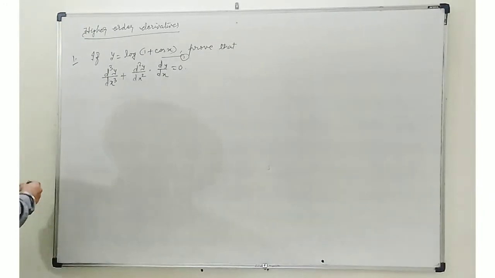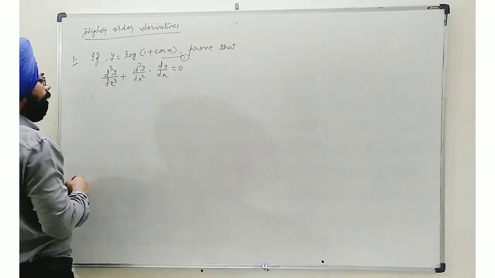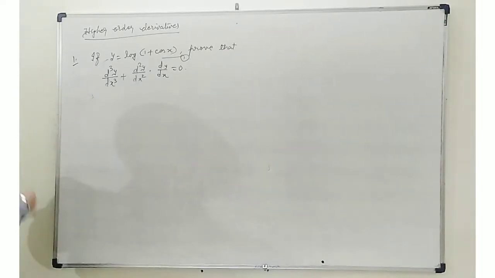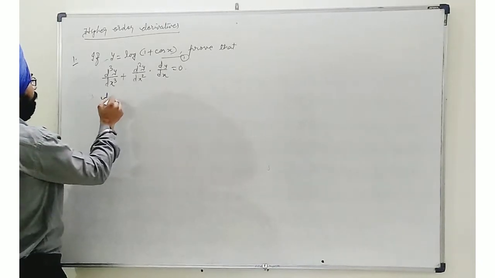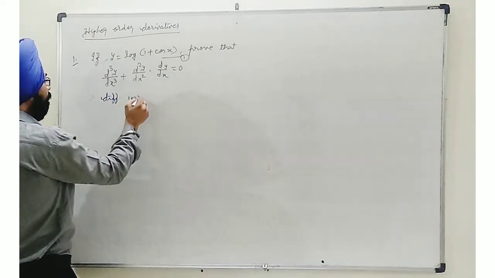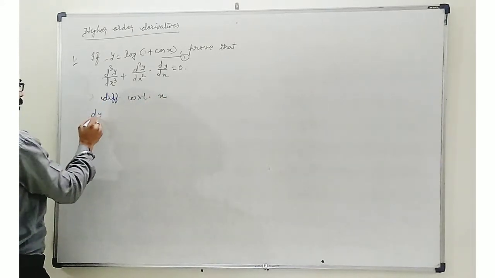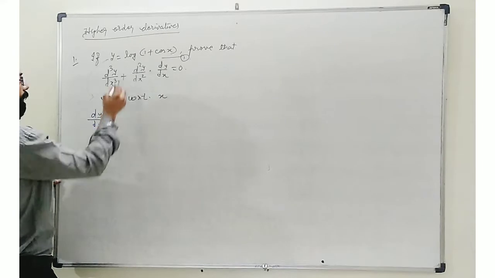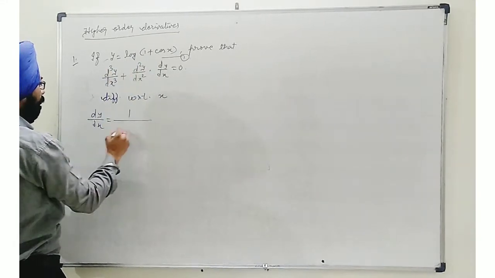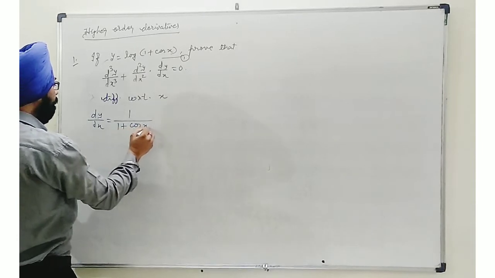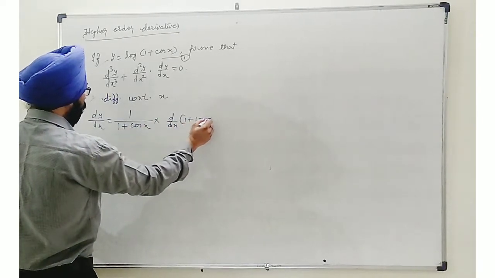Let's see. Then equation number 1. Here we can give the statement differentiating with respect to x. We find that this is dy by dx, and as soon as we are having this log in the first function, so we will get here 1 upon 1 plus cos x into d by dx of 1 plus cos x by chain rule.